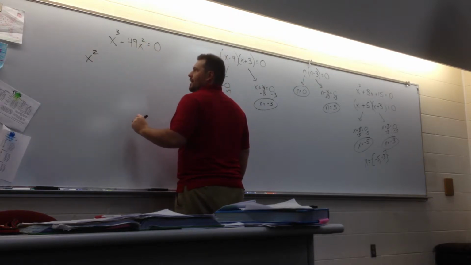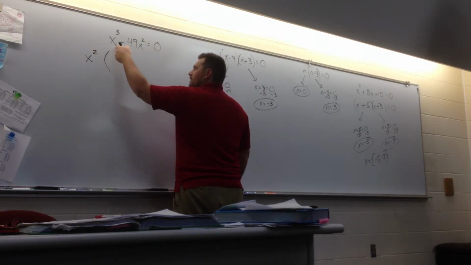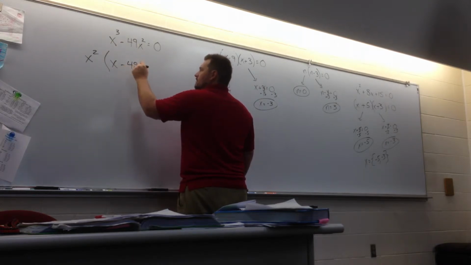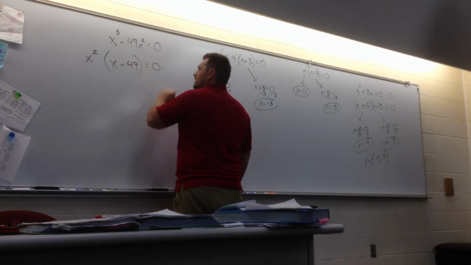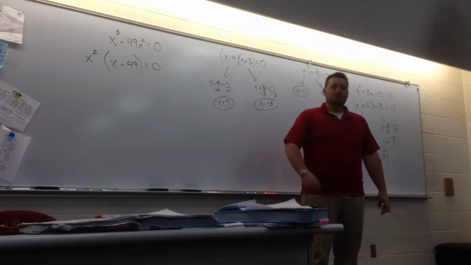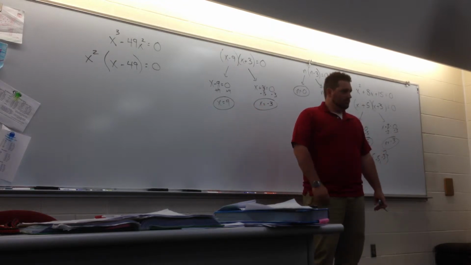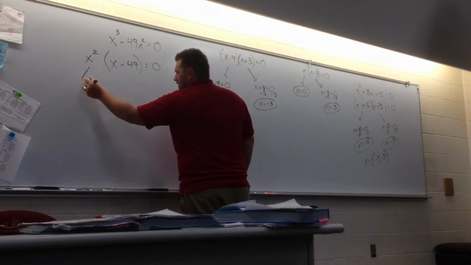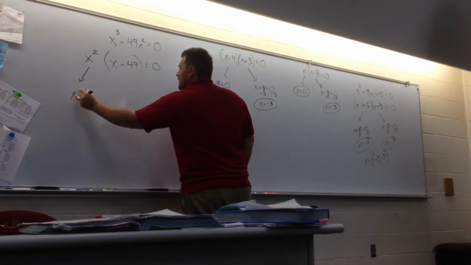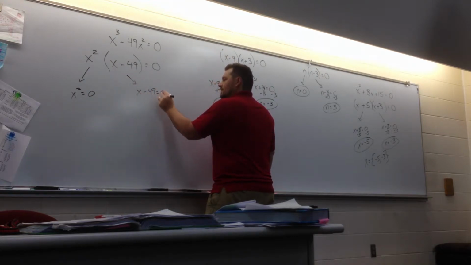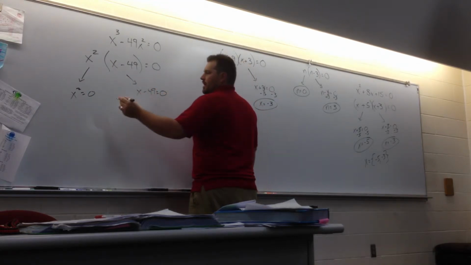squared. Okay? And when I pull out an x squared here, I have x minus 49 equals 0, right? So now I've broken it down. This is as far as I can break it down, and I set each of these equal to 0 individually, and then I solve them.